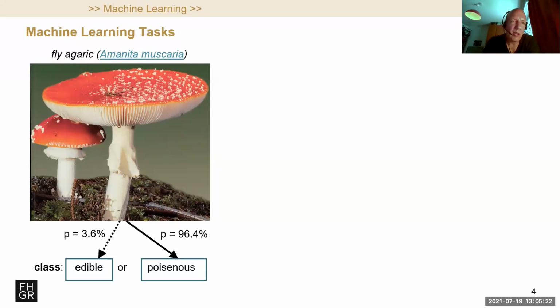So a machine learning approach to image analysis would be something like this. We have an image, possibly of some sort of fungus, possibly something that we would or would not like to eat. It could be some edible fungus, it could be some poisonous thing, and then we would want to use image analysis to do that.